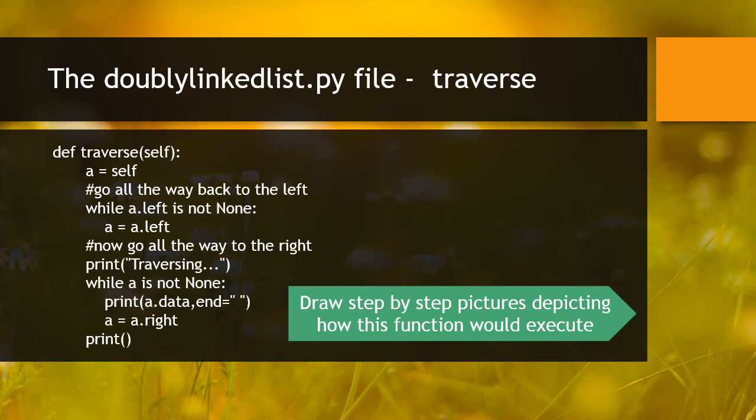Then we will move all the way from the extreme right to the extreme left. And then we get to the extreme left, then we start printing the values of the nodes. So this will be n movements from right to left and n movements from left to right. Twice of n, the O notation will be n.